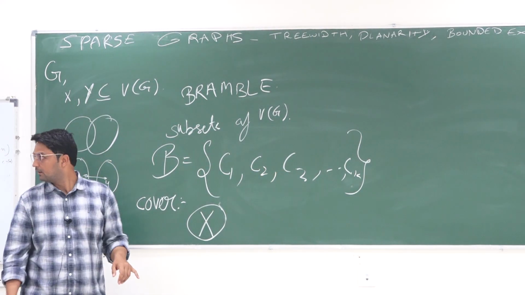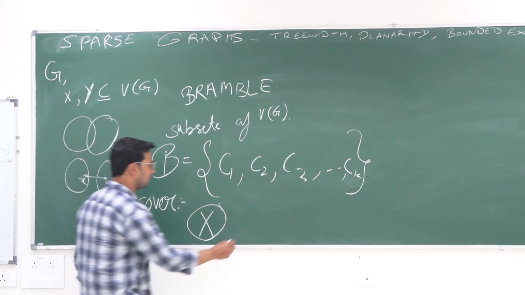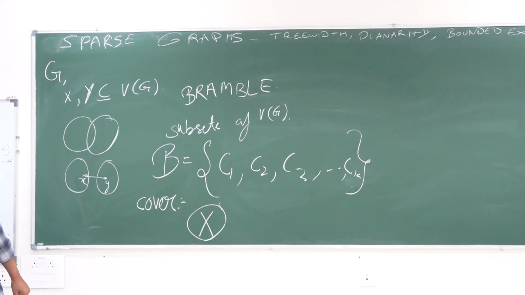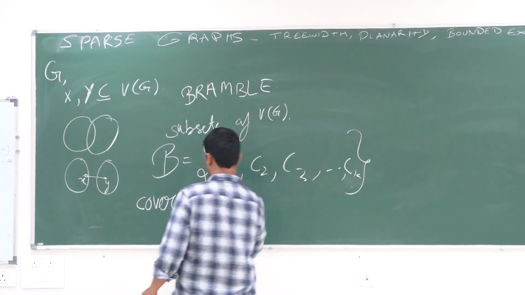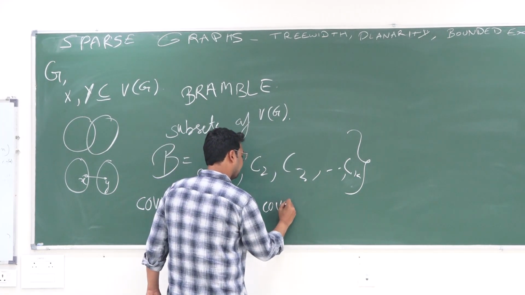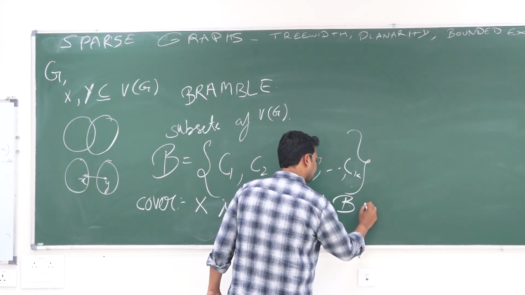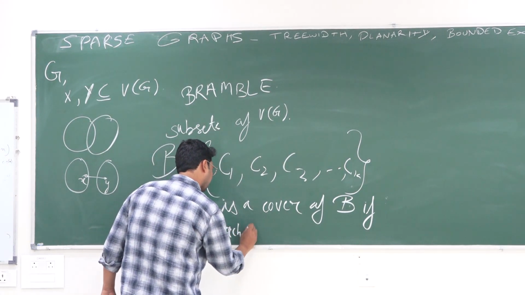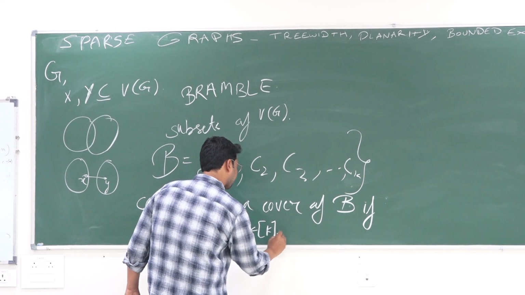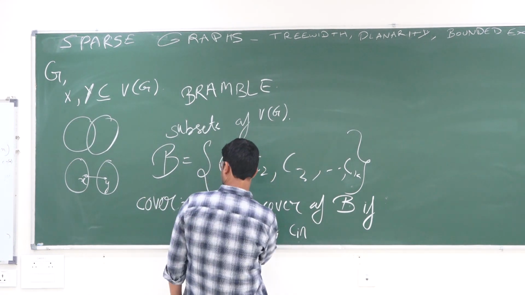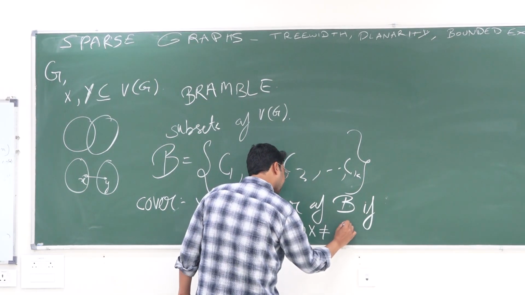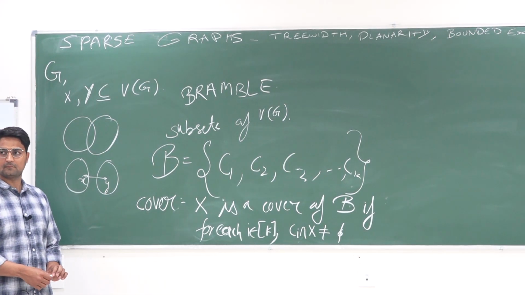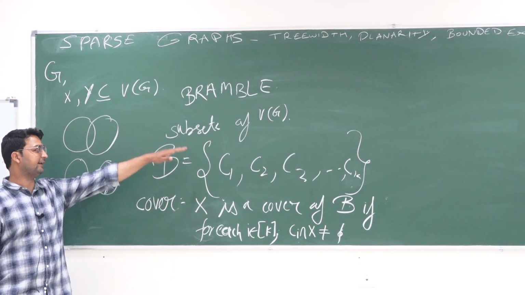X is a cover of the bramble if for each i in K, Ci intersection with X is not equal to the empty set. Yes, so a cover is a hitting set of my bramble.